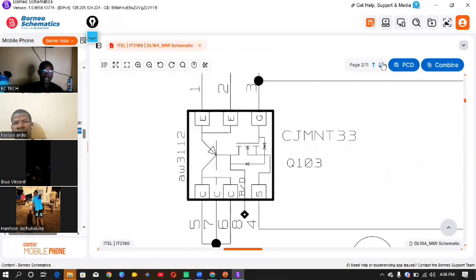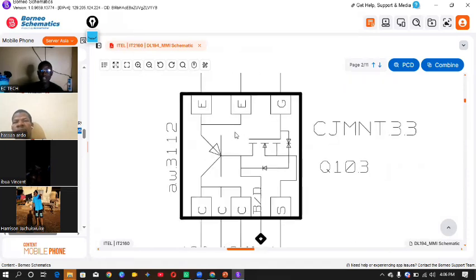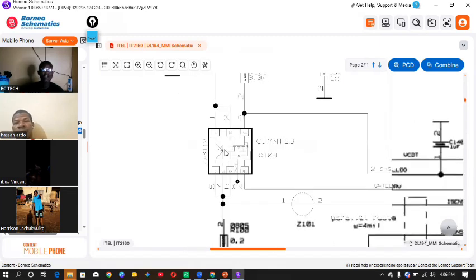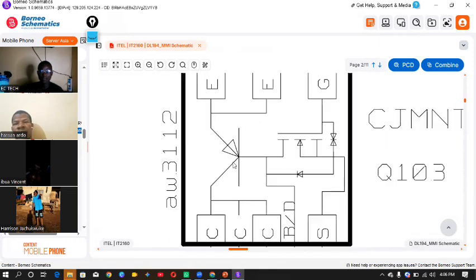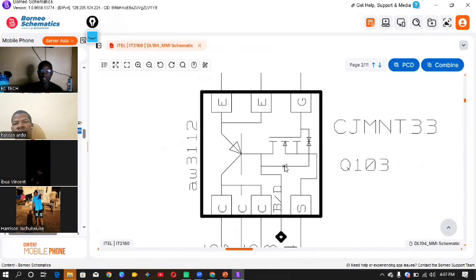You'll be seeing that in Android phones. But this is just an ordinary transistor or MOSFET charging IC. So it needs a control. It has a base, the gate. So you need something to control it.